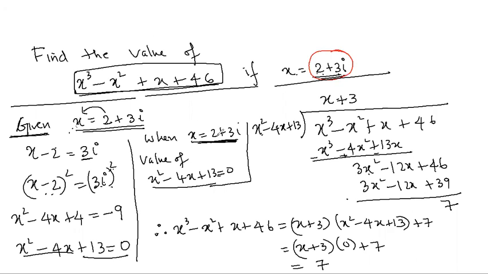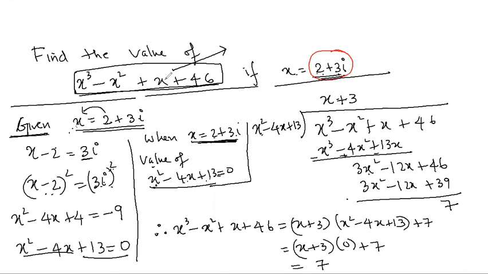When x takes the value 2 plus 3i, the value of x square minus 4x plus 13 is 0. We will use this to get the value of the other expression.